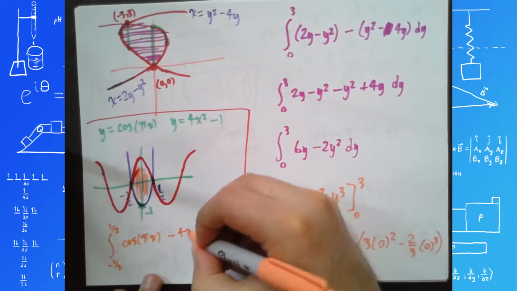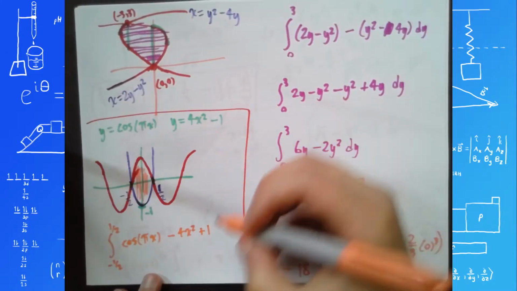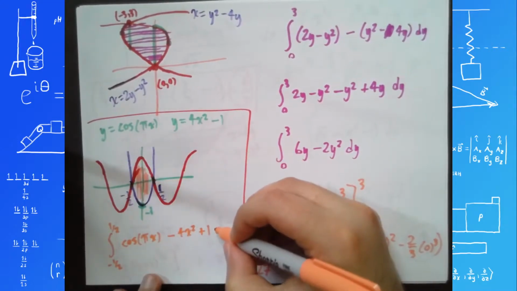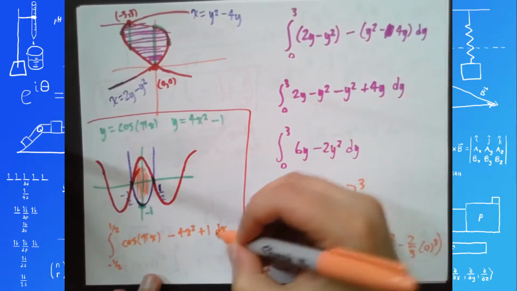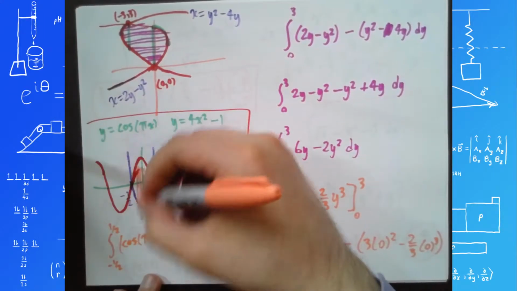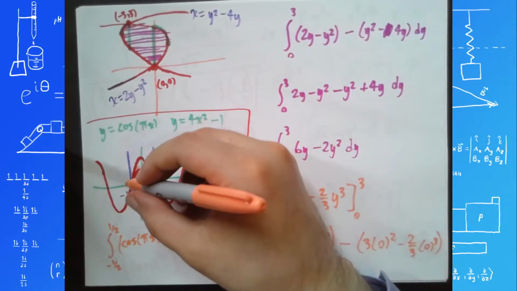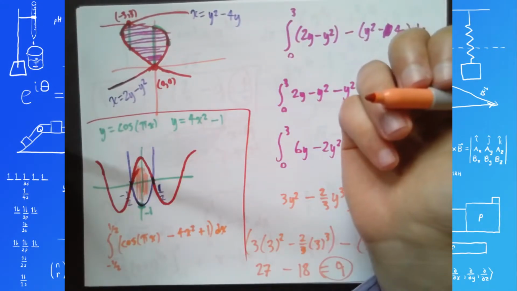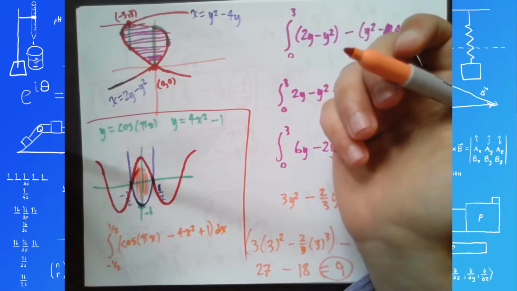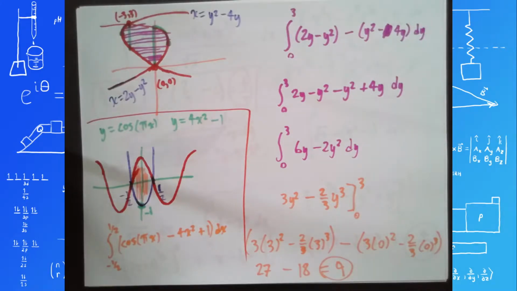I'm going to go ahead and distribute the negative sign, so that's minus 4x squared and plus 1. And of course, we're integrating with respect to x. We're adding a bunch of vertical strips that are stacked horizontally from left to right. And I guess the rest is pretty simple from there.